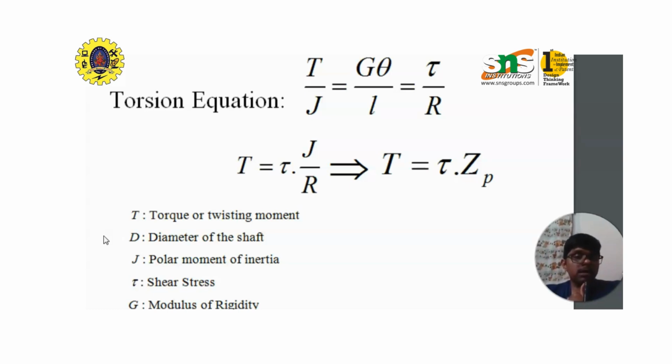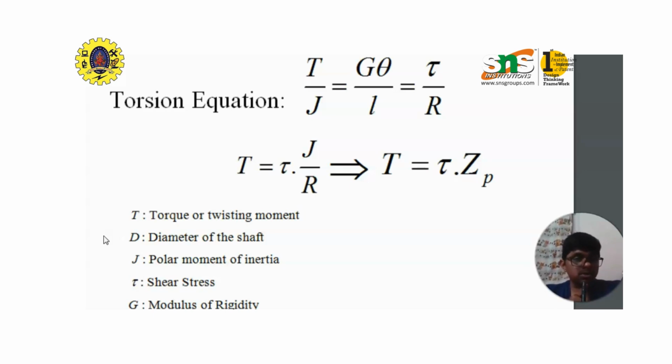Following that, G theta by L: G represents the shear modulus, also called the modulus of rigidity. Theta is the twisting angle, and L represents the length of the given object or shaft which has been subjected to the motion.